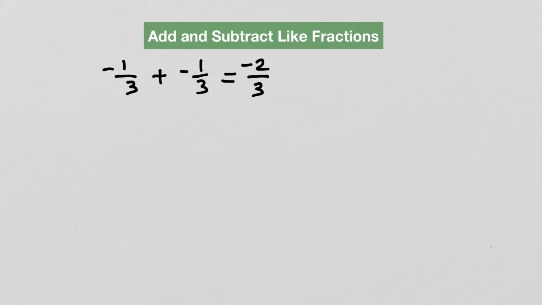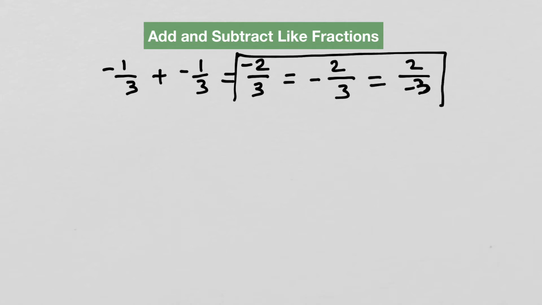Okay. Now, just to clarify, you can write negative 2/3 the way I just wrote it, or it's also negative 2/3, and you can also write it as 2 over negative 3. Okay. All three answers are exactly the same, and you can write it however you want.